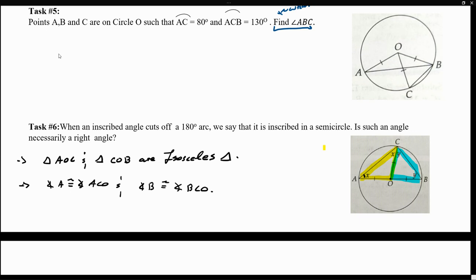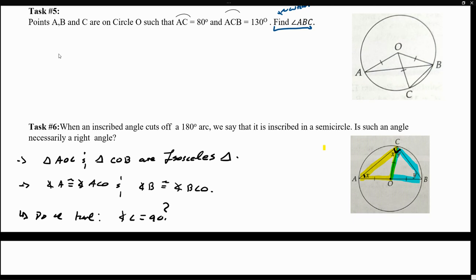Given this information, do we have enough information to make the claim that angle C is equal to 90 degrees? So that's my hint to you. You might want to show that angle C is the one with 90 degrees, therefore it is a right angle.